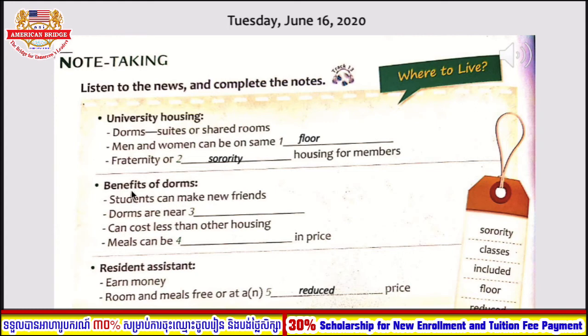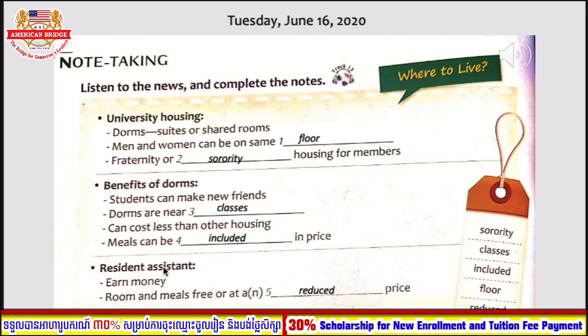Okay, so what are the benefits when students stay in the dorms? The first one, students can make new friends, right? And the second one, dorms are near classes, and it can cost less than other housing. Meals can be included in the price.